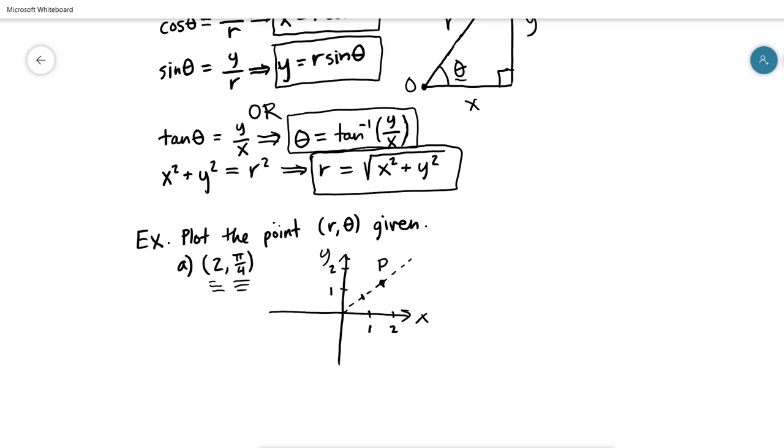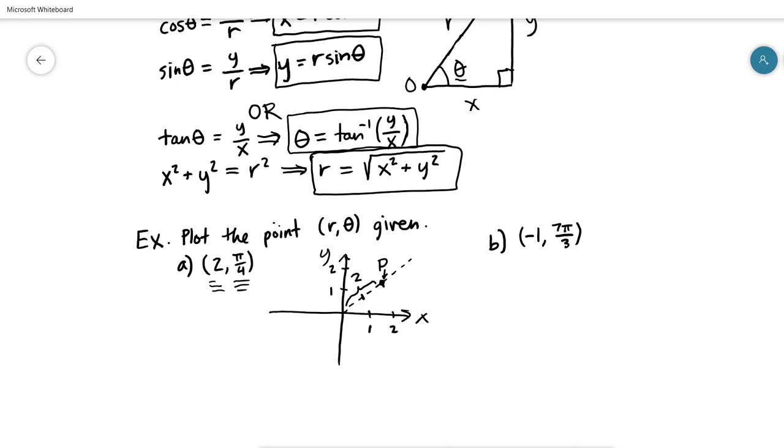So this would be the point we'd be interested in, where this distance right there is a distance 2. Okay, let's do a second one. What if I tell you I want the point -1 comma 7 pi over 3?